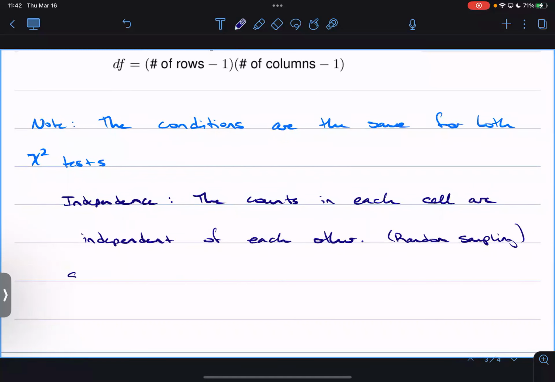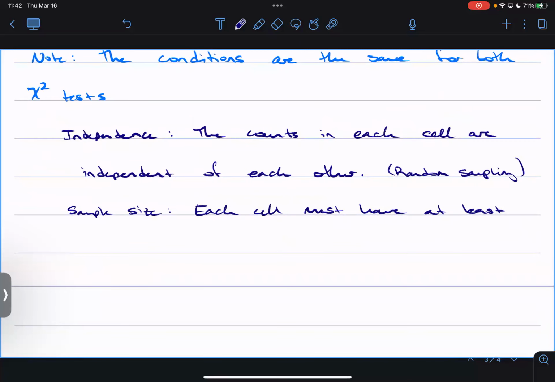And then the sample size condition is that you have to have at least 5 expected counts in each cell. So each cell must have an expected count of at least 5.